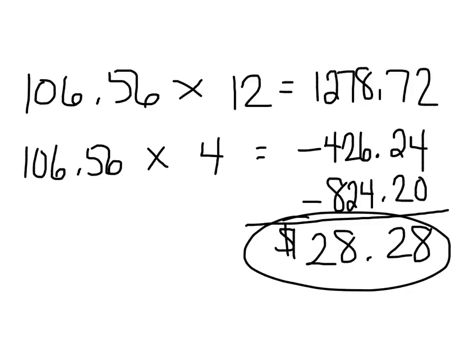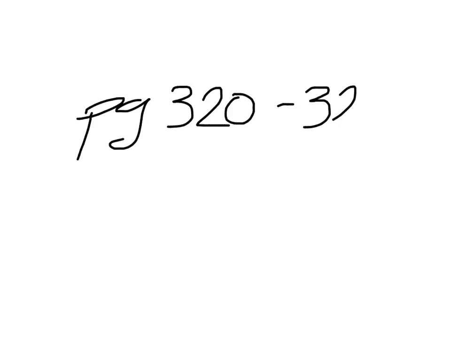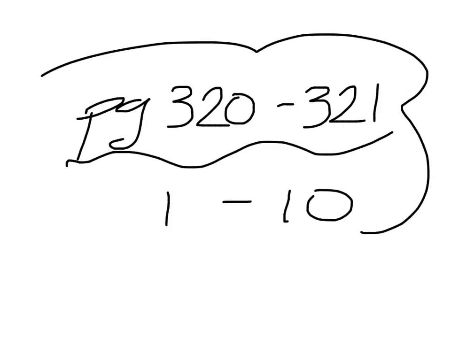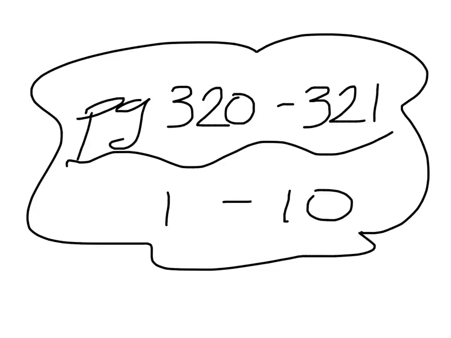After you find the interest and the final payment, you got to figure out how much would he save if they paid it off by a certain time. So you got to do what we have on the screen now. Okay? So starting on page 320 and going to 321, 1 through 10.